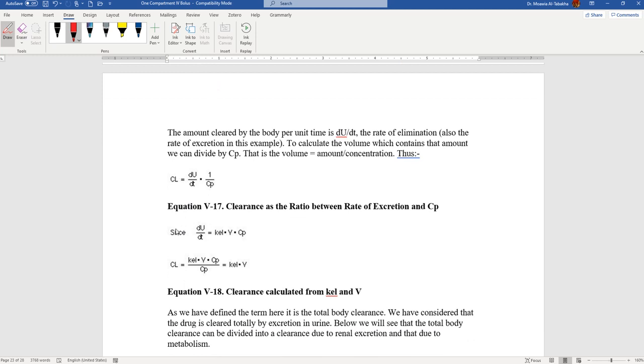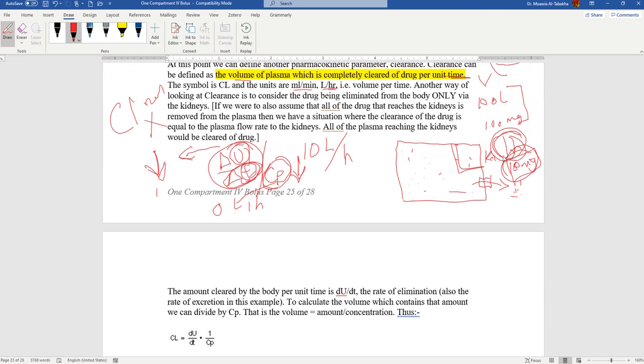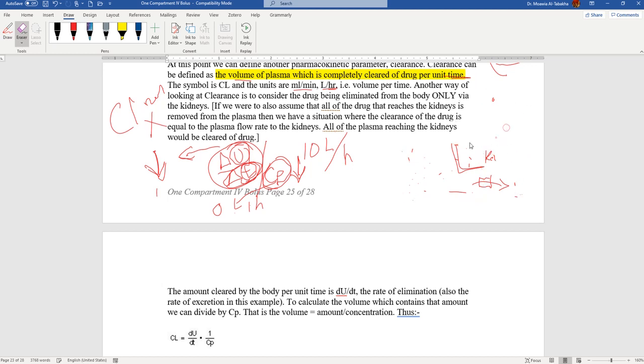Okay, another thing, if we go back to this figure here, let me draw it again, sorry. You have this compartment, you have this compartment, and from this compartment the drug gets removed.